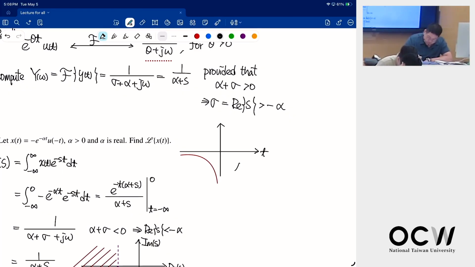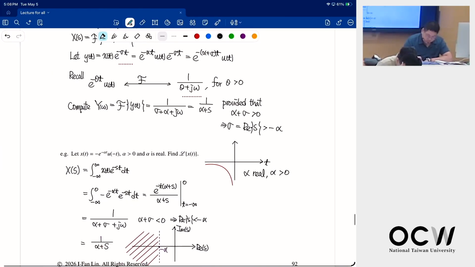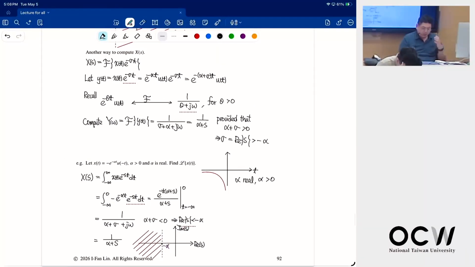Alpha is real and alpha is greater than 0. So for Laplace transform, we may get the same result, but actually the region, the area should be different.